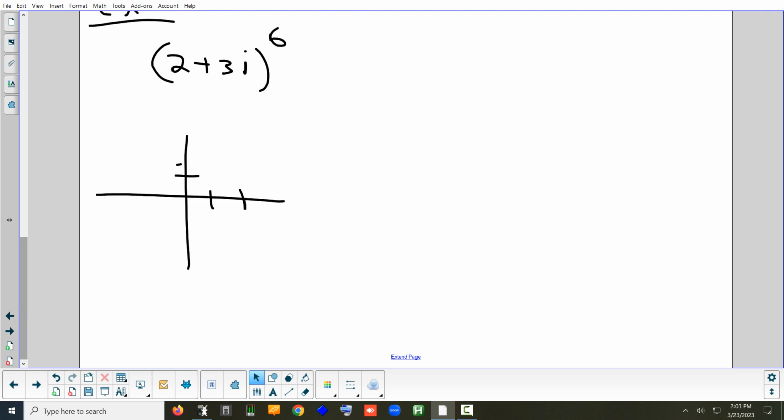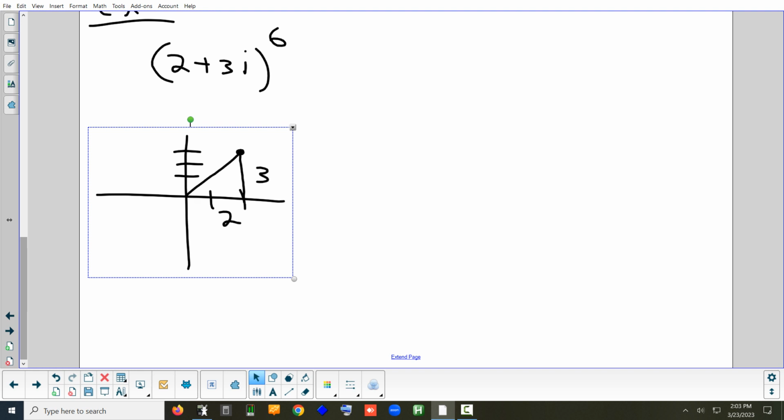So we've gone right 2, up 3. Let's start with the radius. You don't have to give me a decimal. Let's leave it as a square root. What's going to be the length of the radius in that one? Square root of 13, square root of 9 plus 4. So the radius is square root 13.